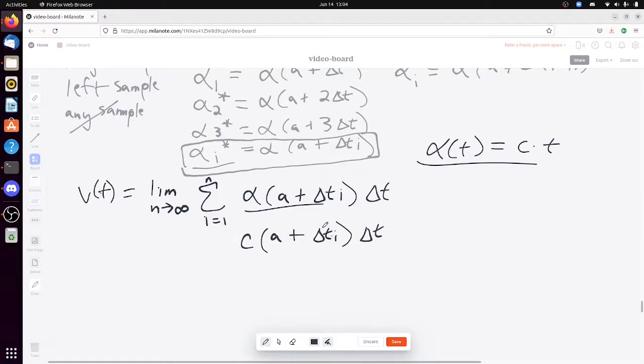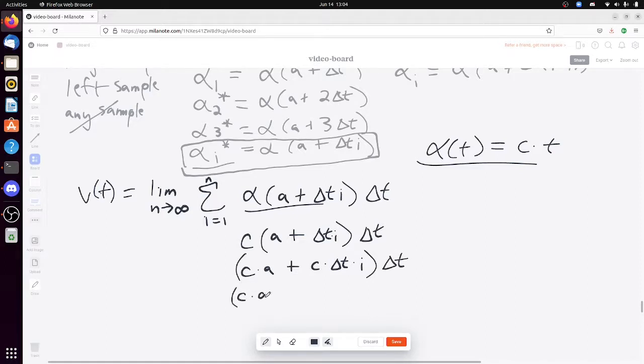And now I'm just going to do a little bit of distribution and make a couple more steps. So that's going to be c times a plus c times delta t times I, all times delta t. And we'll just distribute again.